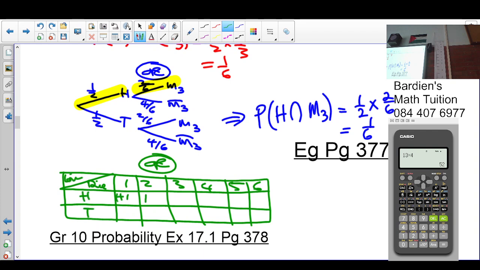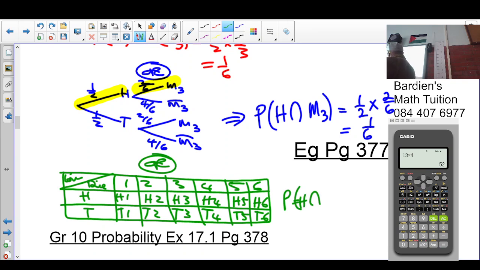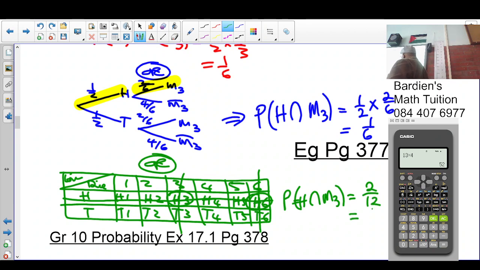So it's going to be heads 1, heads 2, heads 3, heads 4, heads 5, heads 6, tails 1, tails 2, tails 3, tails 4, tails 5, tails 6. So we're looking for the probability of getting a heads and a multiple of 3. Heads with multiples of 3 is that one and this one. So it's how many? 2, out of how many in total? 12. And 2 out of 12 is 1 out of 6. 3 different ways, people, to do the same thing.